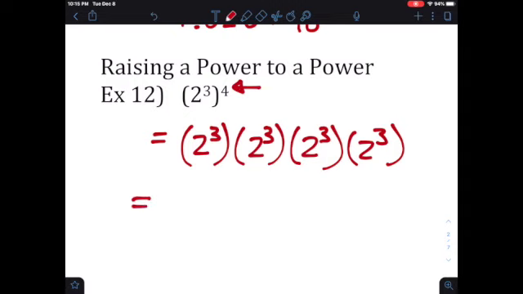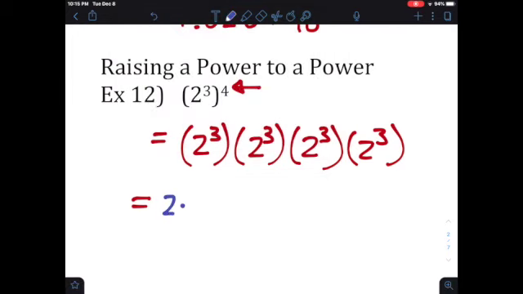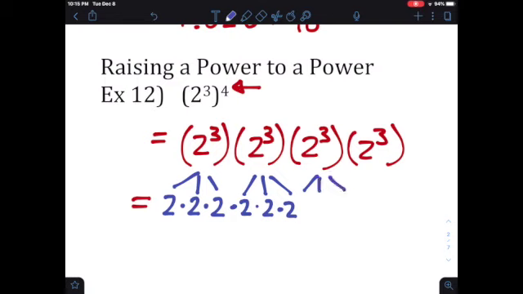Then under every 2 to the third power, I'm going to say, hey, that's really 2 times 2 times 2. That's from those three. And then you have 2 times 2 times 2, that's from this 3. And then they also have this 3, times 2 times 2 times 2.